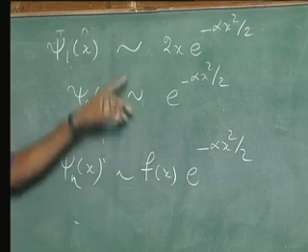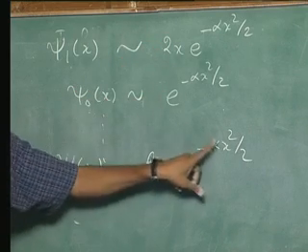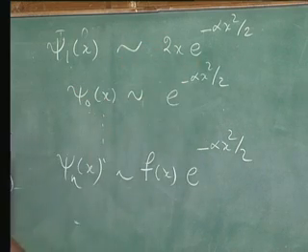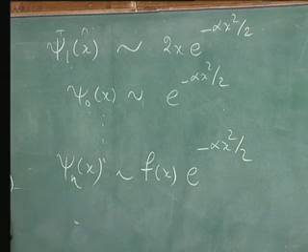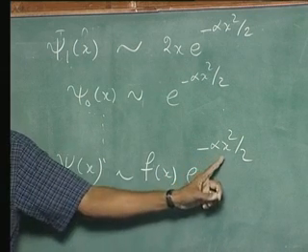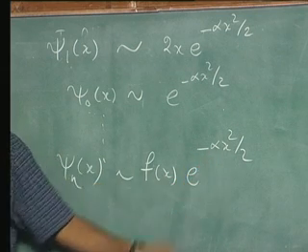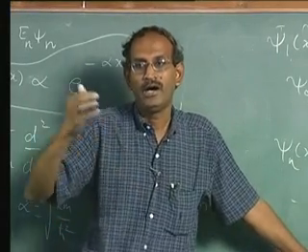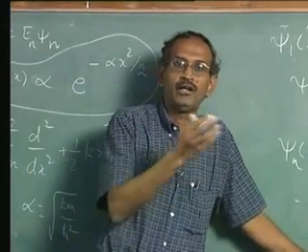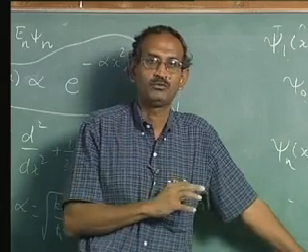All these solutions have this exponential of minus alpha x square by 2. Now, what is the value of this as x goes to very, very large values? The exponential of minus alpha x square goes to 0 very quickly as x increases, either as a positive x or as a negative x, because it is x square by 2.